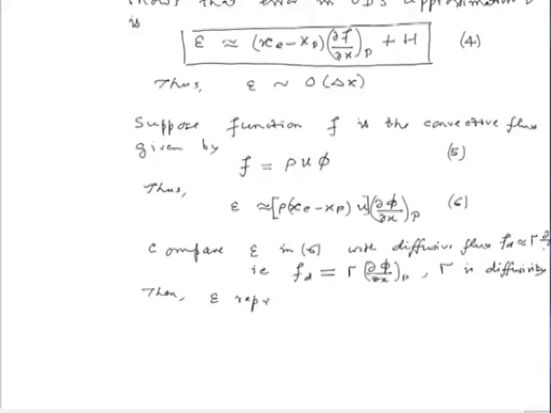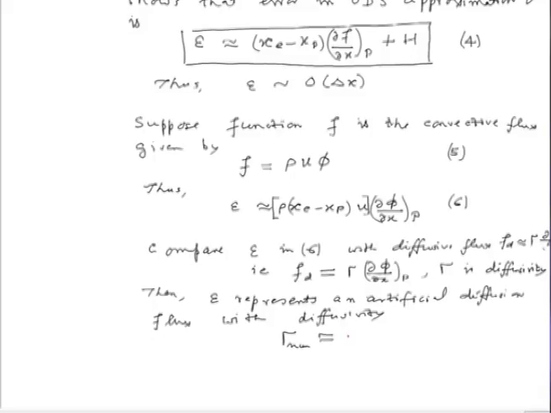So, this epsilon represents an artificial diffusion flux with diffusivity gamma numerical, which is given by rho u x e minus x p.